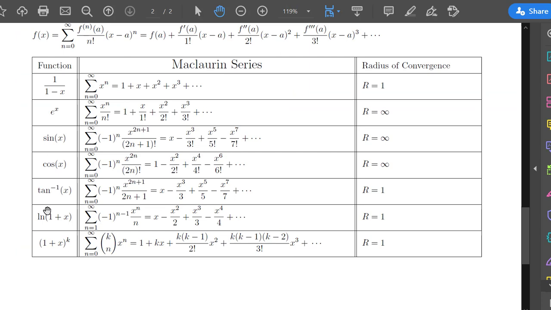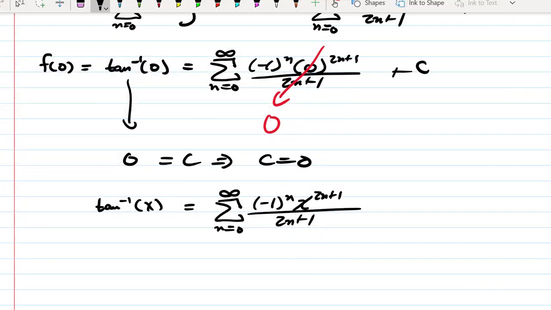And if you check on our list back here, we actually have both of those last two examples that we had. Here we have our inverse tangent, negative 1 to the n, x to the 2n plus 1 over 2n plus 1, and that gives us our series that we have here for arctangent.